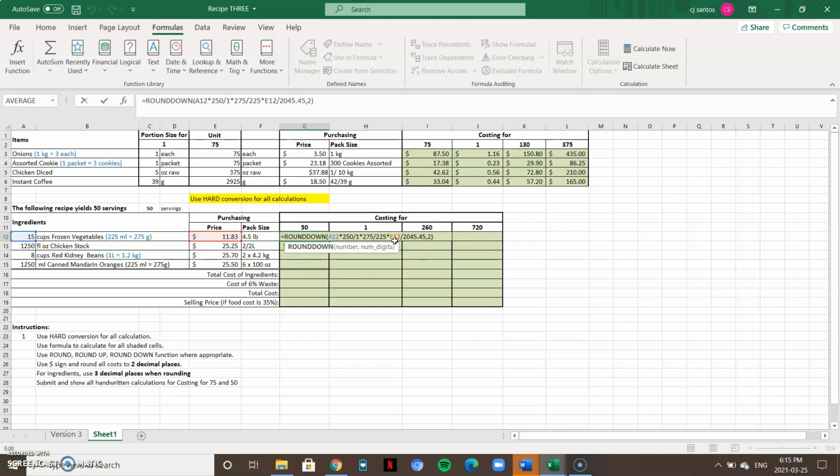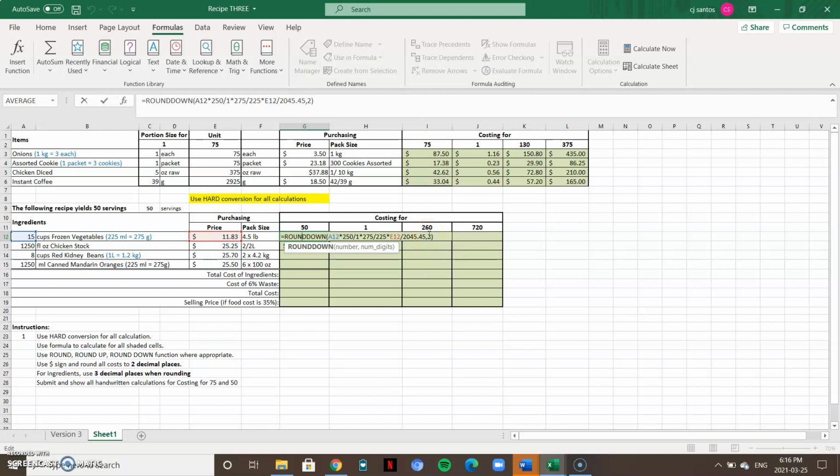Then multiply $11.83 by 4.5 pounds, but I converted into grams. So I put 4.5 pounds divided by 2.2 kilograms, then multiply by 1000 grams, and that would equal 2045.45, and that would give you the answer.